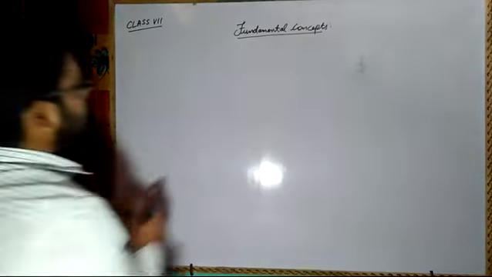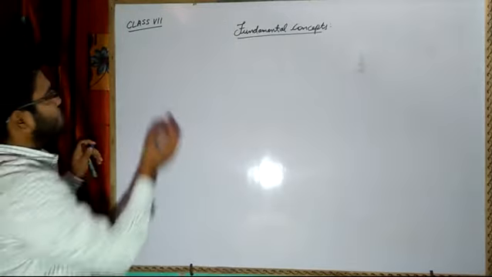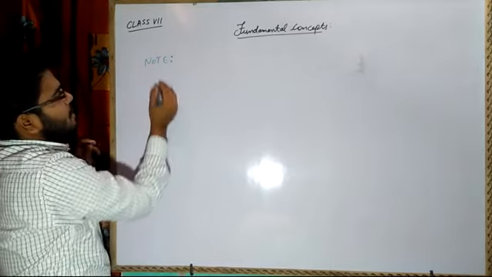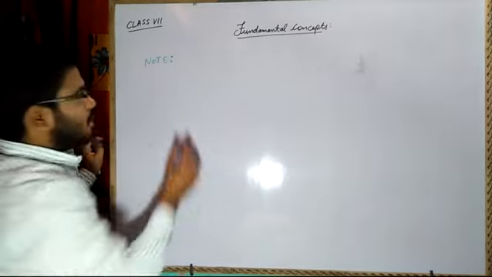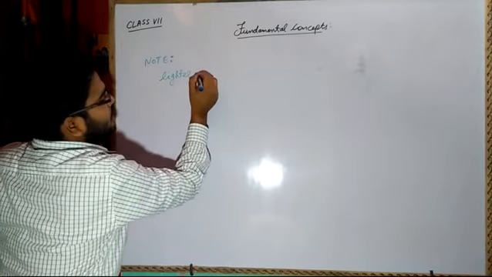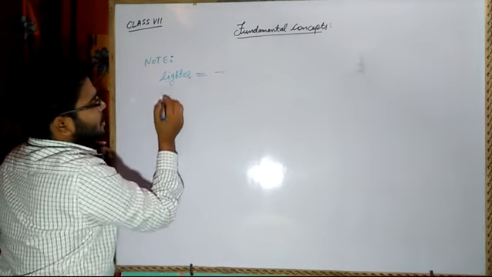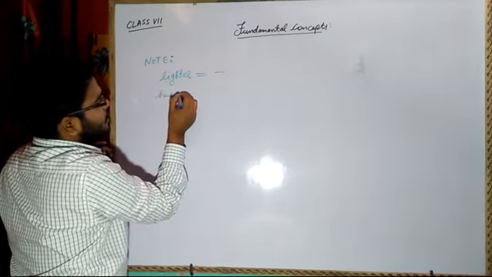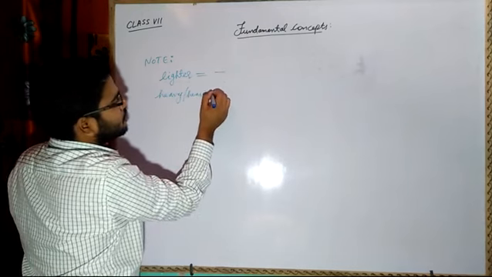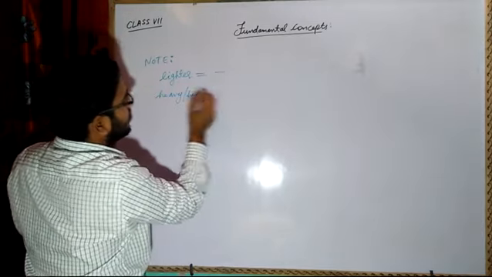Before we start the numerical problems of this exercise, one more thing you have to remember. Whenever you see the word lighter in a word problem, L-I-G-H-T-E-R, that means you have to replace it with a negative symbol. If it is heavy or heavier, that is plus.